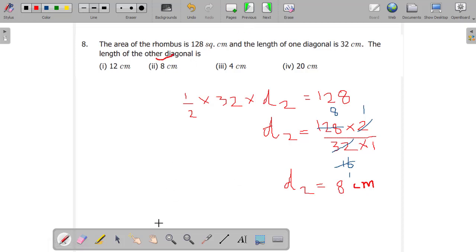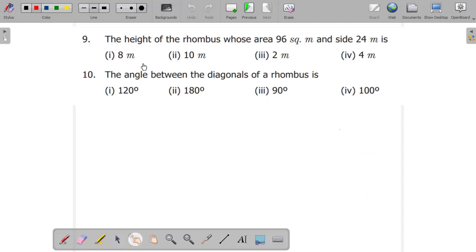Okay, let us move to the next sum. Listen, the height of the rhombus whose area is 96 square meter and side 24 meter is? Here base is given, height is not given, we have to find it out, and area is also given. So we can use the B into H formula. B into H is equal to area A. So what is B here? 24. We don't know the value of H, so keep it as a variable.